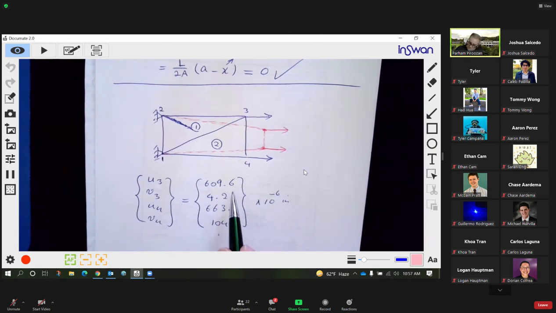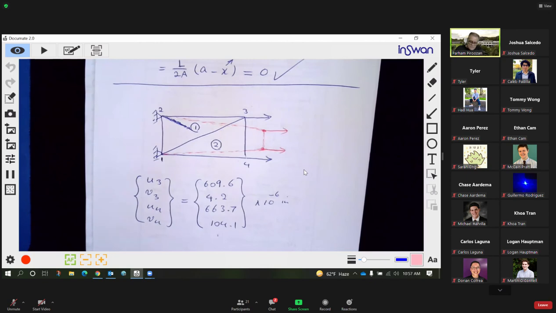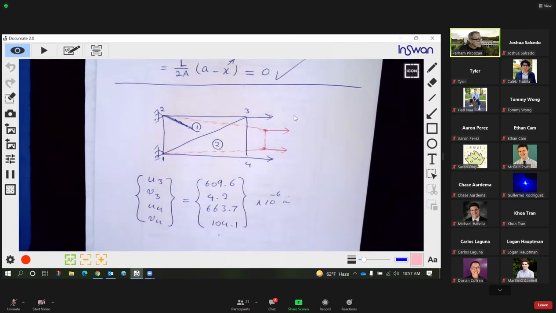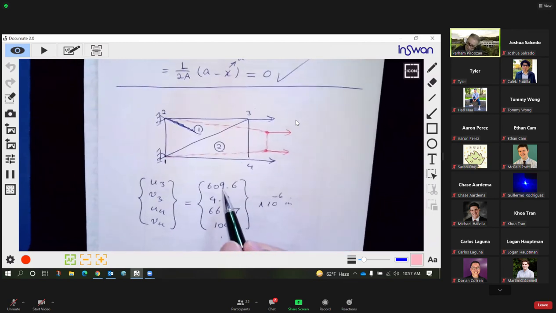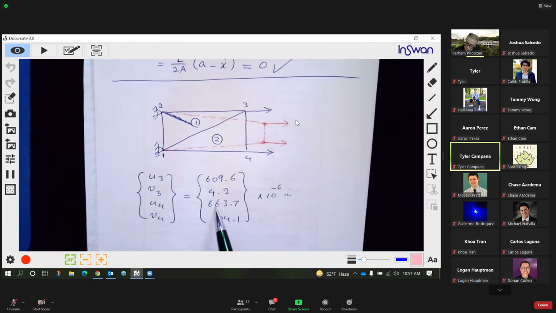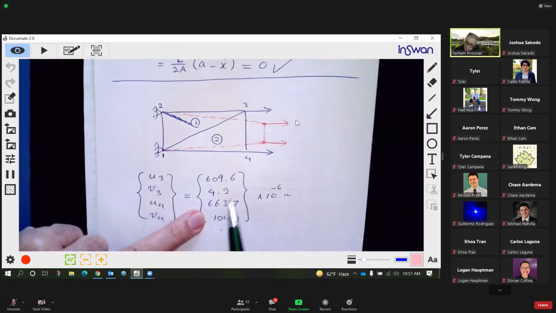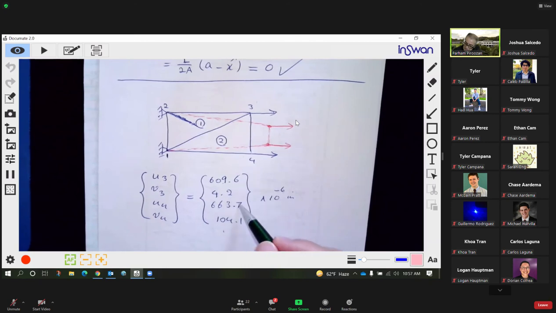Look at them, they are not actually very impressive. Here you see the displacement is positive 609 at node 3. This one at node 4 stretched more, but it should be the same as this one.